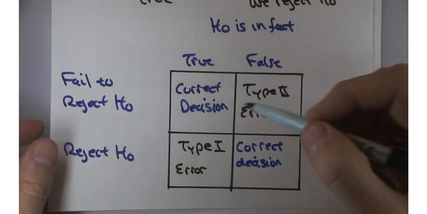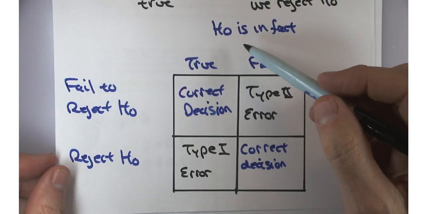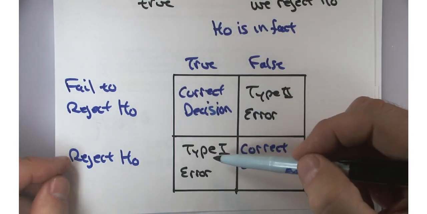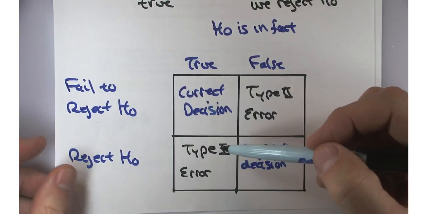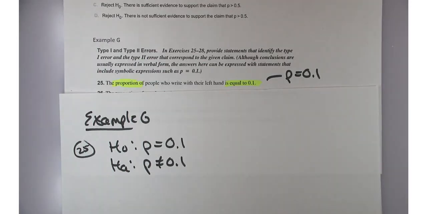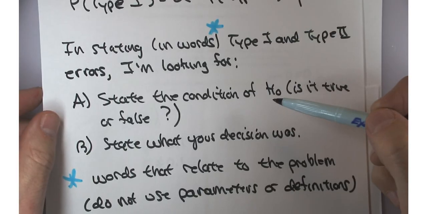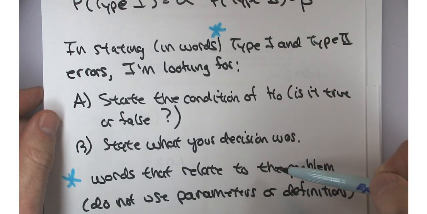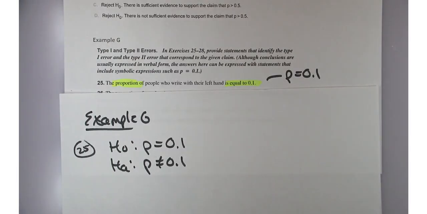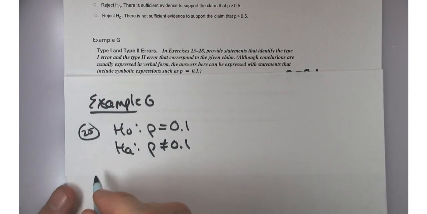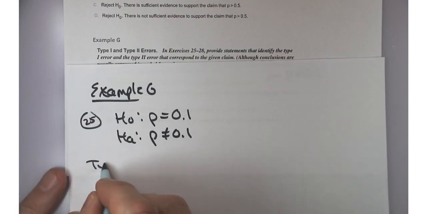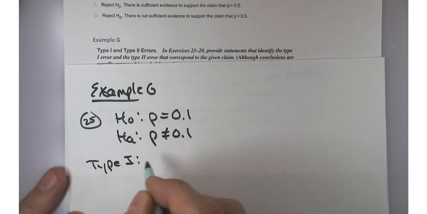Now our type 1 error, let's understand what that's saying. H naught is true, but it gets rejected. So I want you to state those two things one at a time. State the condition of H naught, so that it's true, and then state what your decision was. And all of this should be related to the original problem. So a type 1 error is going to look like this.